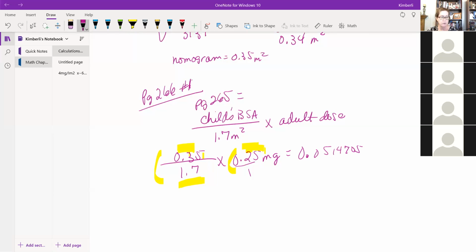Yep, and since we're rounding to the hundredths place because they didn't tell us to do anything different, we're going to get 0.05 what? Milligrams per day.